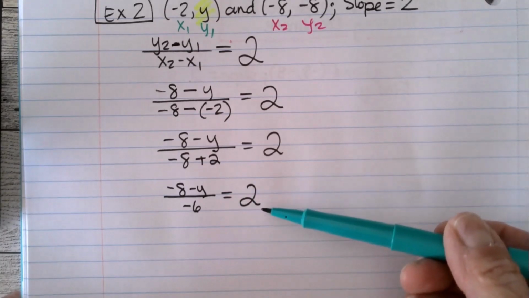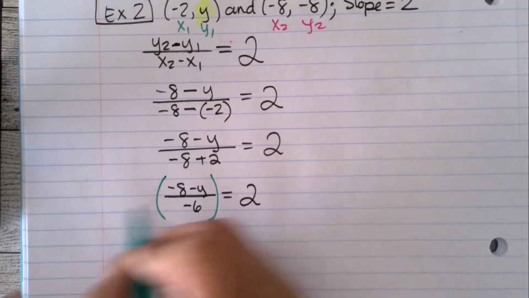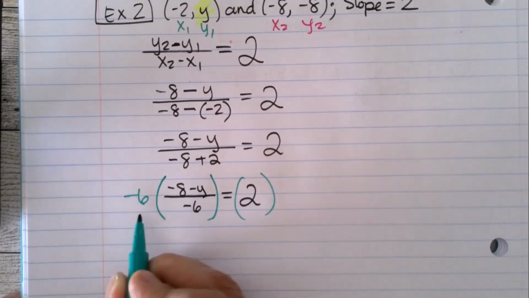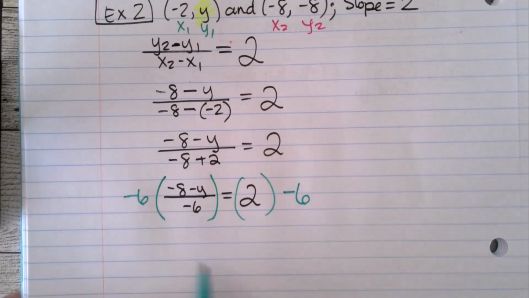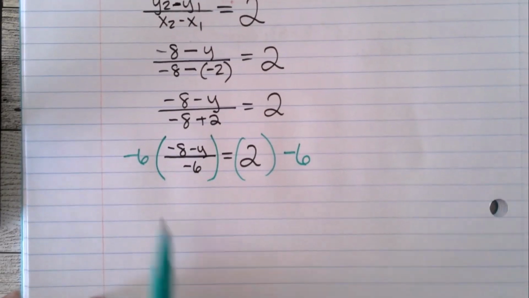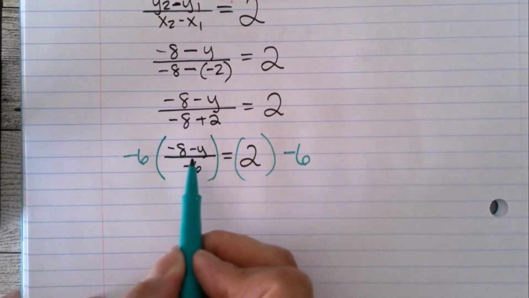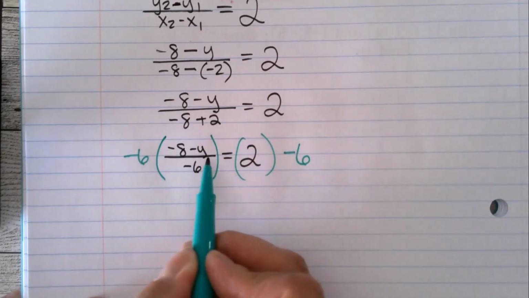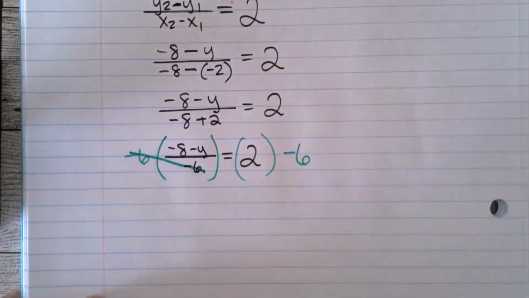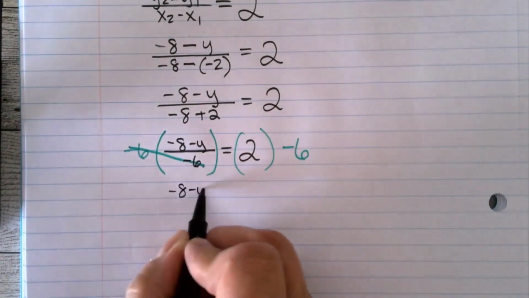The best way to solve this is to multiply the fraction part by its denominator, which is -6. And if you multiply that side, you got to multiply this side too. What you are doing when you multiply a fraction times its own denominator is releasing the numerator. You don't multiply times the numerator. The numerator is trapped here. We want to free it, and so that will cancel. -8 minus y is now free.